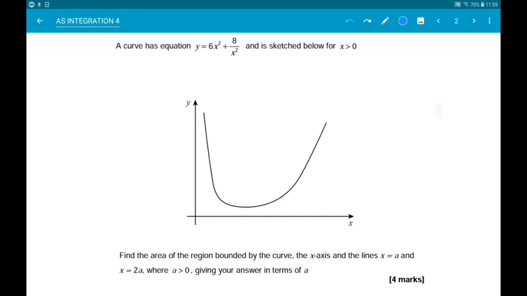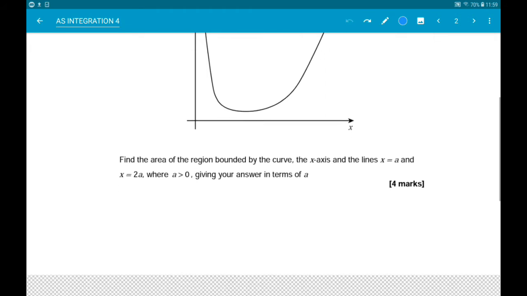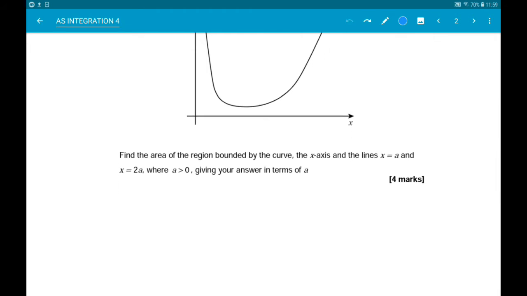So we need to integrate the curve. So the area is the integral between a and 2a of 6x squared add 8 over x squared.